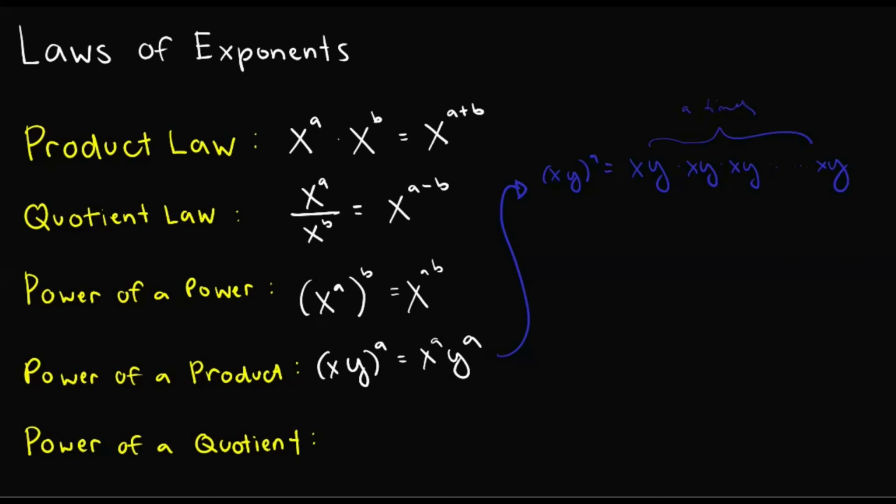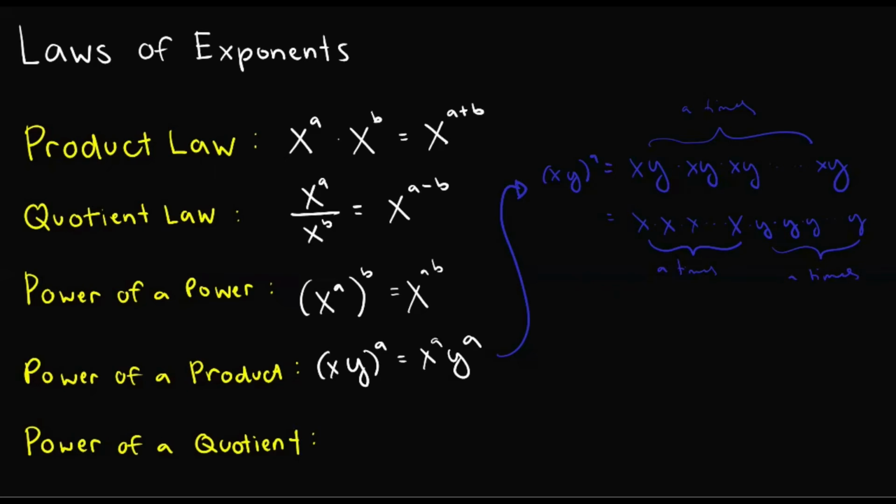But through commutativity of multiplication, we can actually rearrange this one. So this one would become x times x times x times y times y times y times y. And we know that this one is also a times, and this one is also a times.